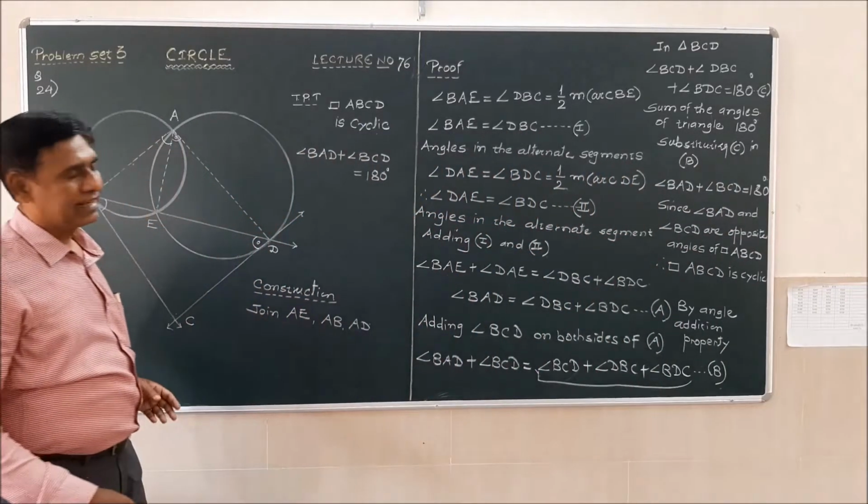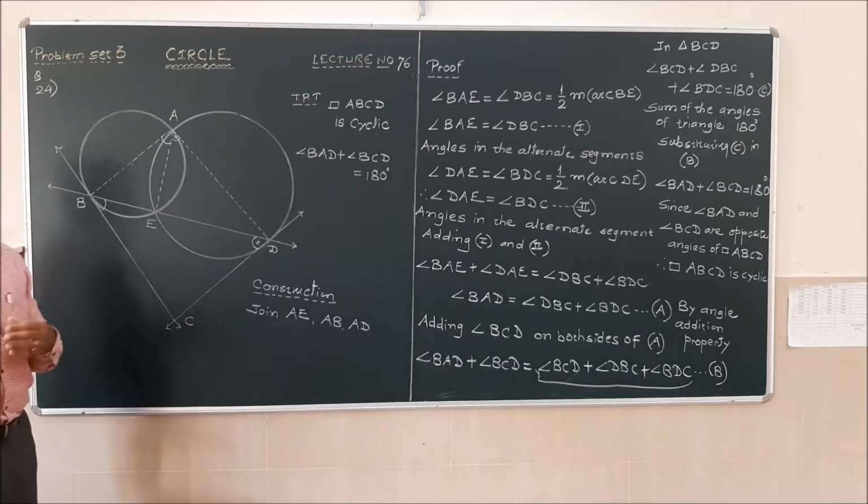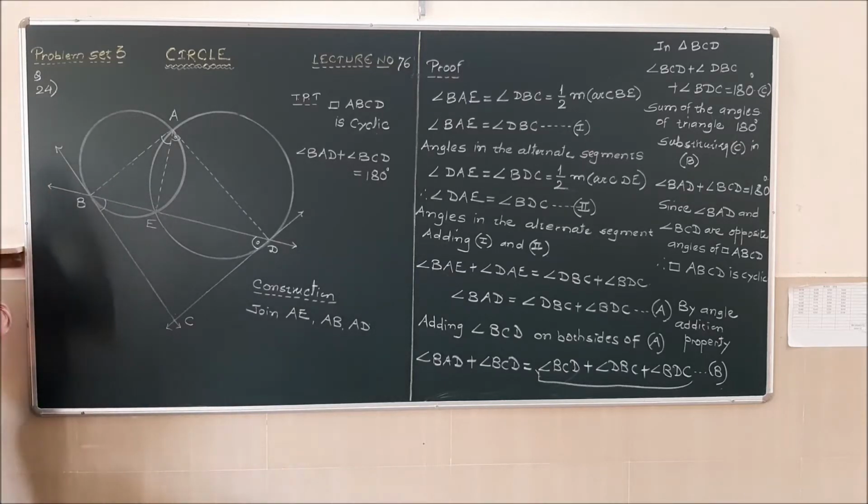Because opposite angles of a cyclic quadrilateral are always supplementary. That is what we have to prove.